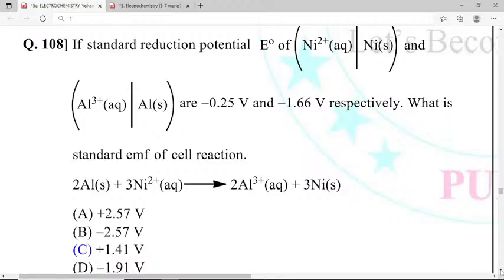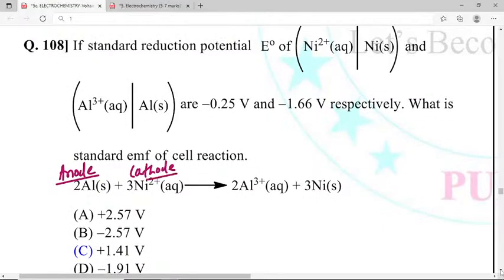So here aluminum 3 plus, so this is anode and this is cathode. So how to solve this one? This is solved by using the formula E naught cell is equal to E naught cathode minus E naught anode.